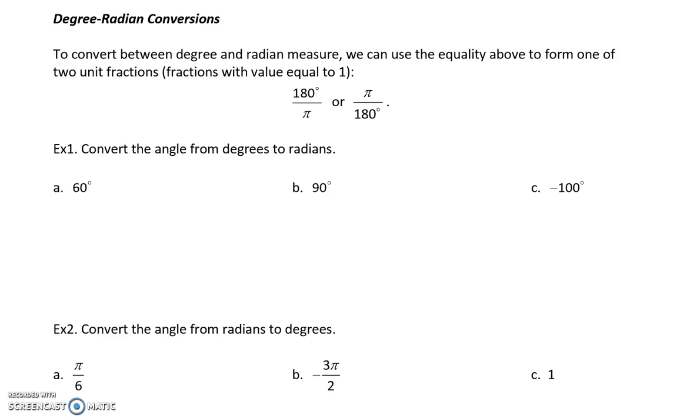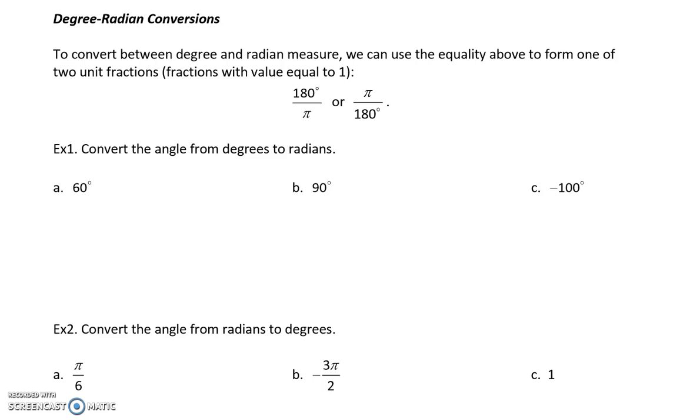So both of these fractions have a value equal to 1, which means that if you multiply any quantity by one of these two fractions, it will not change the size of the quantity, since you are simply multiplying by 1.